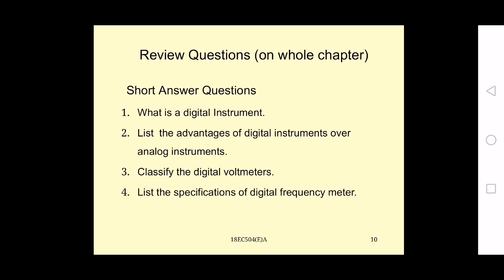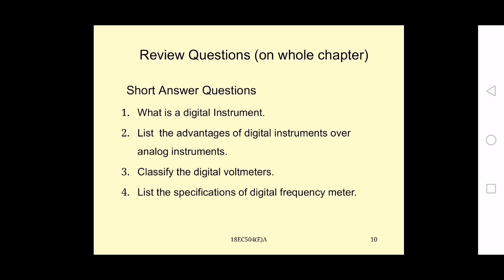For one input you are applying the real world unknown signal, for which you have to measure the frequency, and another input is applied through the crystal oscillator, which will generate the 1 megahertz frequency sine wave, so that you are generating the 1 microsecond time period signal, that will be given to the 6 decade counters.